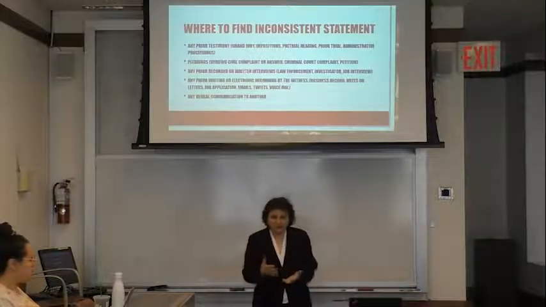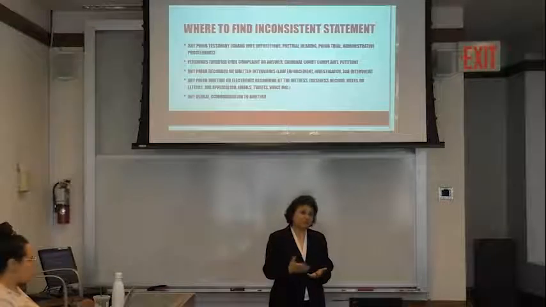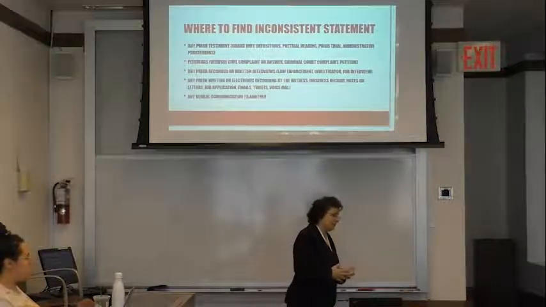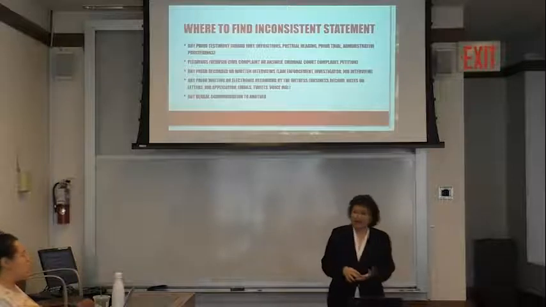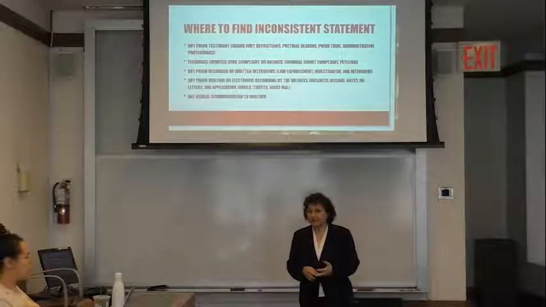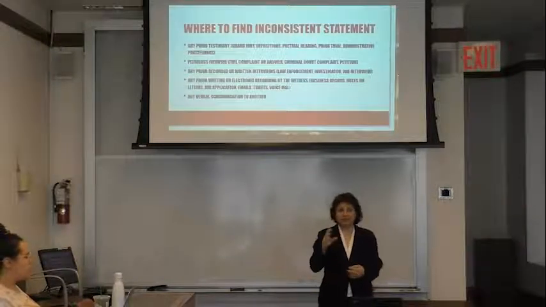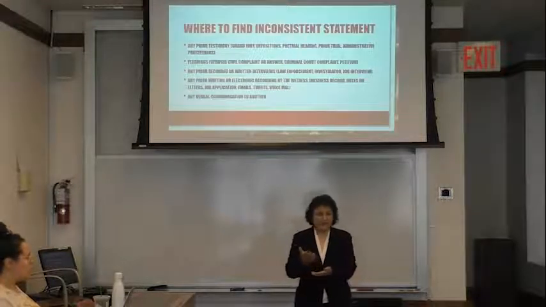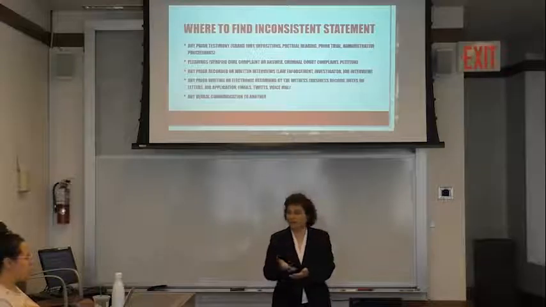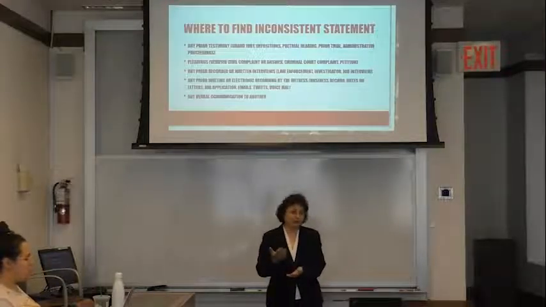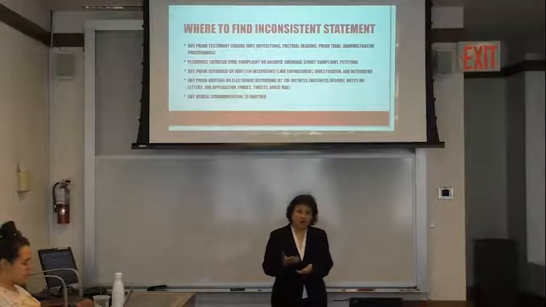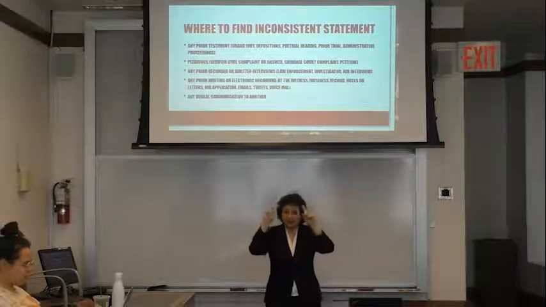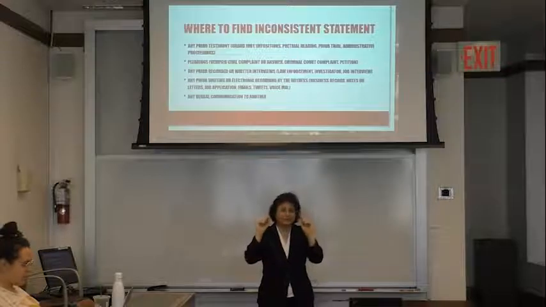You want to have a transcript key, so if there are any pretrial suppression hearings, if you have grand jury testimony, if there's a deposition, you want to highlight for yourself in the beginning of the transcript exactly where the important information is. The way you would do that is you would have a chart with page, line, and then a comment, meaning what the substance of the statement is.